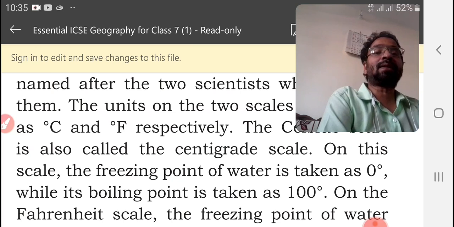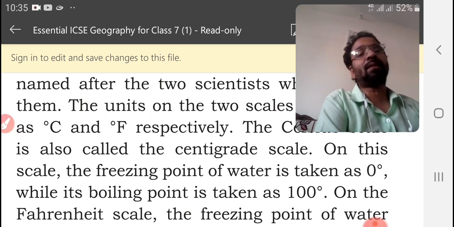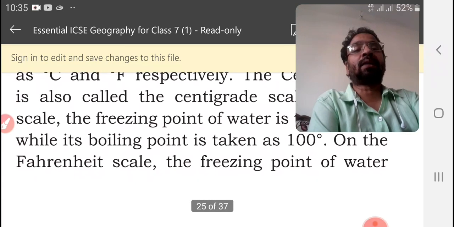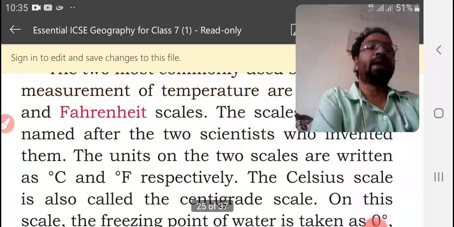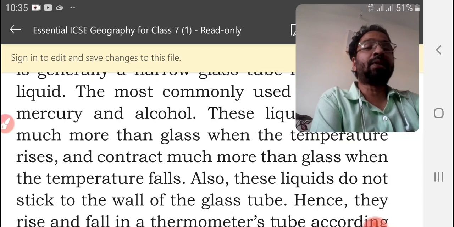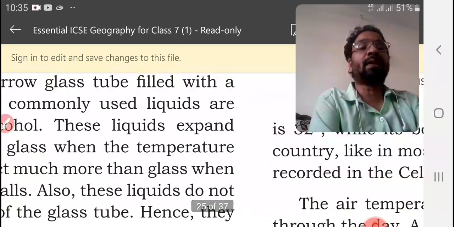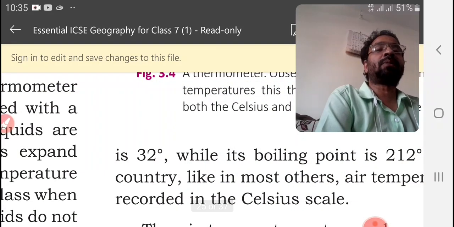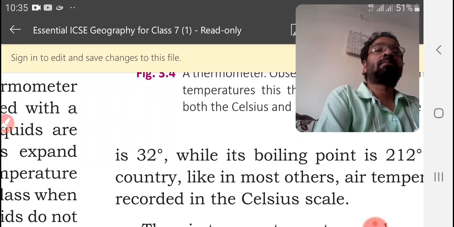On the Fahrenheit scale, what is the situation? The freezing point of water is 32 degrees Fahrenheit. And the boiling point is 212 degrees.